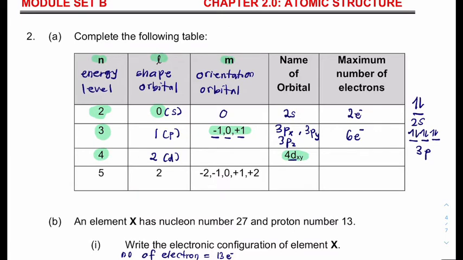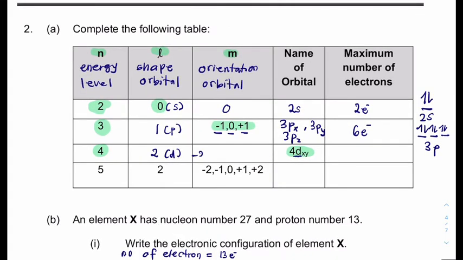Jadi dia boleh jadi sama ada negative 2 or negative 1 or 0 or positive 1, or lagi satu boleh juga jadi positive 2. Okay, and since that di sini ada satu sahaja orbital, maximum number will be 2 electron.